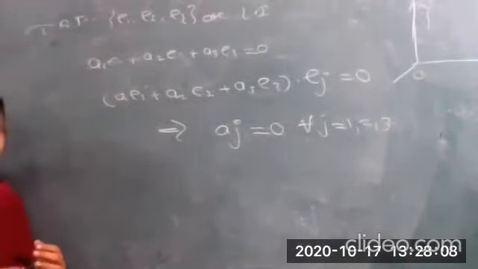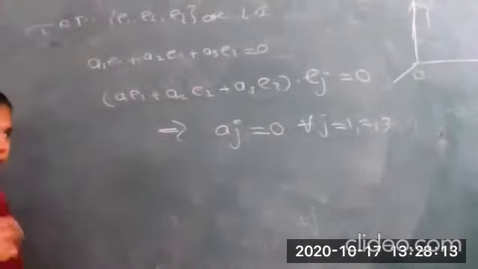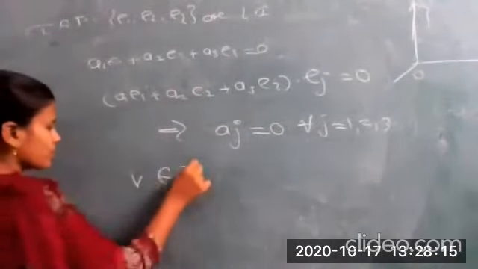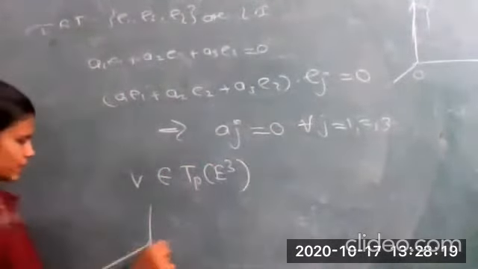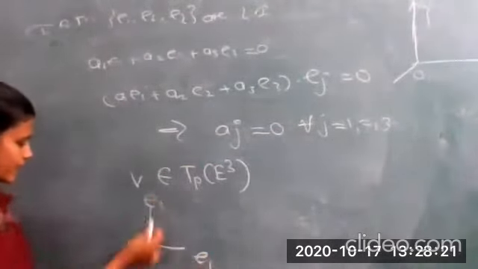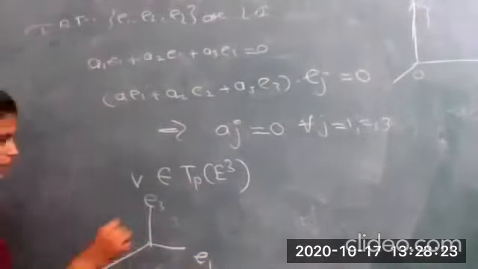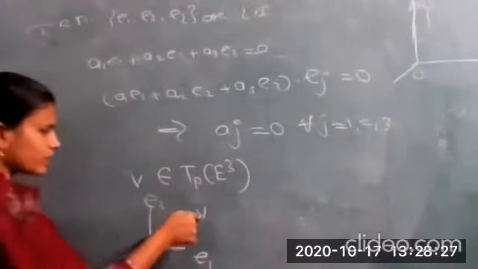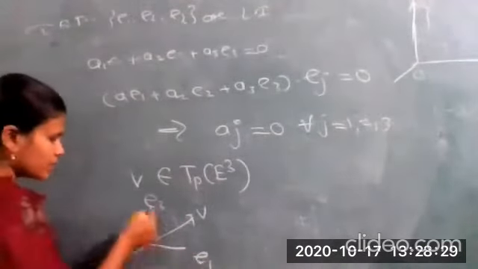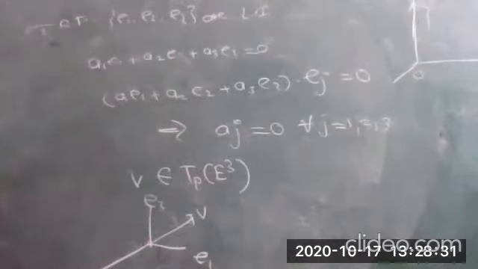And what is our aim to prove? We have to prove that any tangent vector V which has been taken from TP of E3, correct, so we have E1, E2, E3. We are provided that they are forming a frame field. Now I have any tangent vector V. We have to prove that this tangent vector V can be written as a linear combination of E1, E2 and E3.